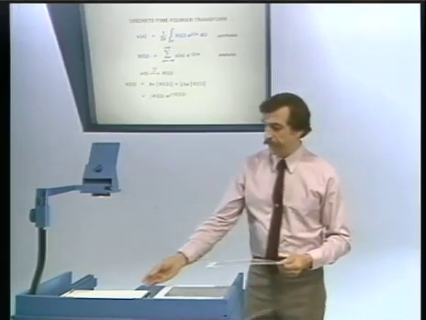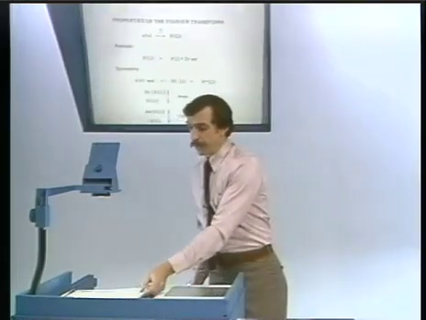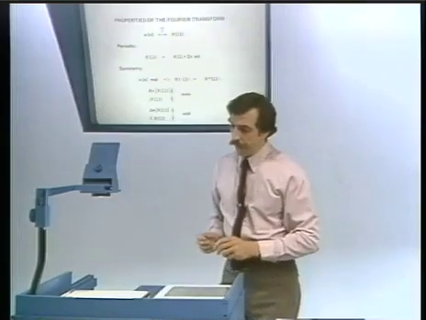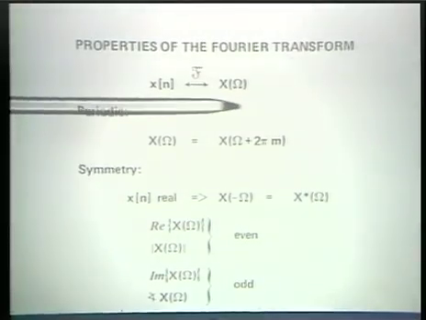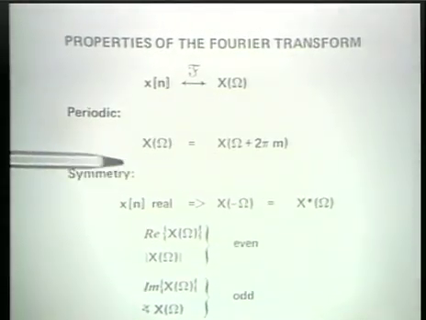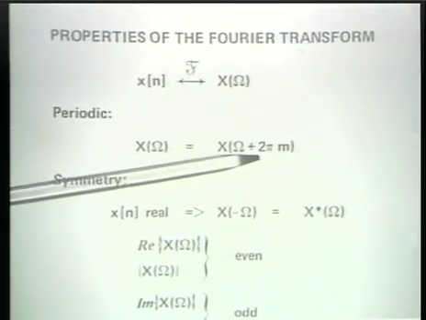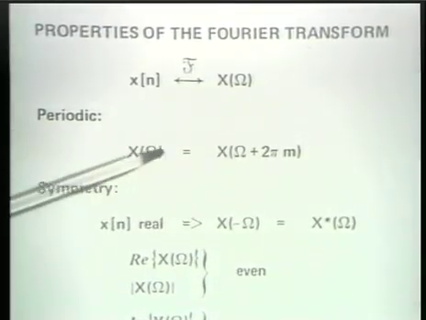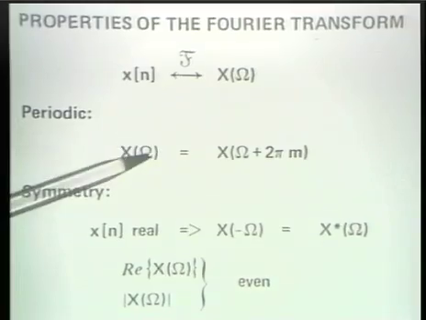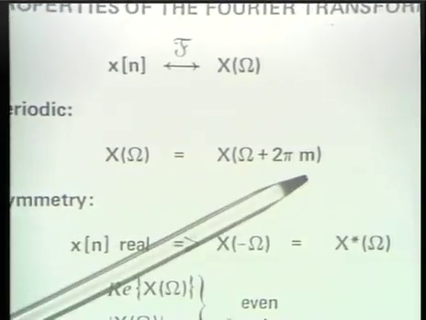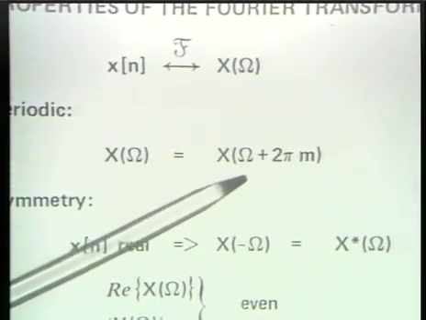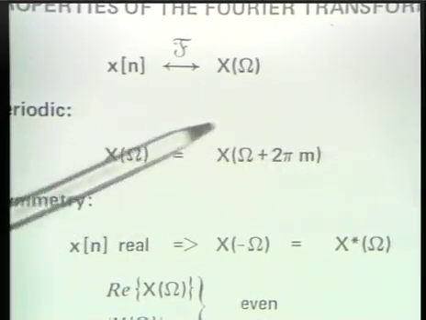Also, as I indicated last time, the Fourier transform is a periodic function of frequency, with a period of 2 pi. It says, in effect, that if we replace the frequency variable by an integer multiple of 2 pi, the function repeats.